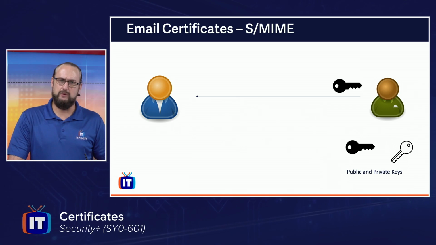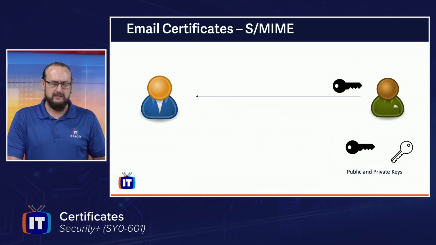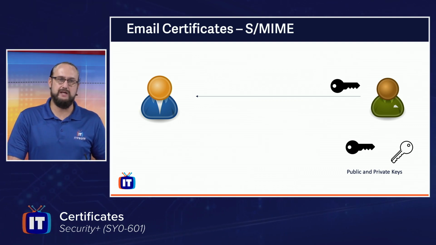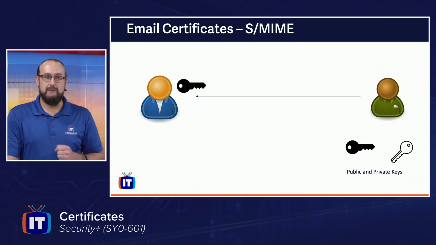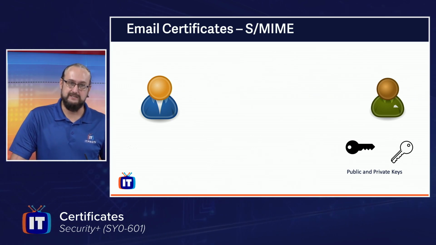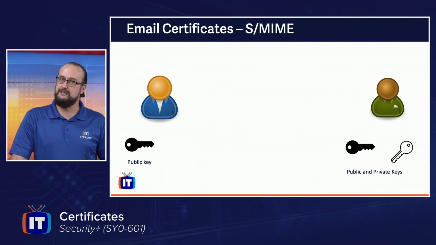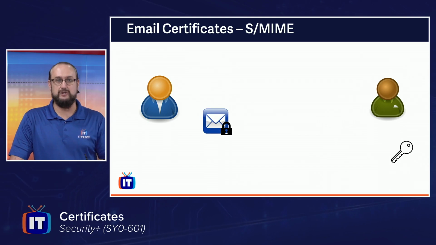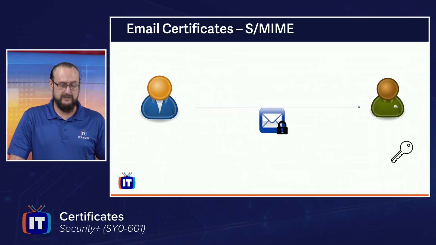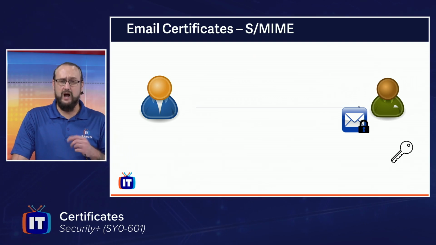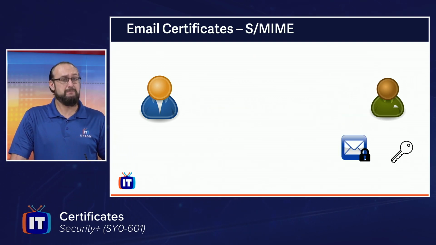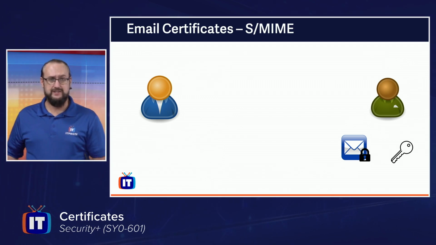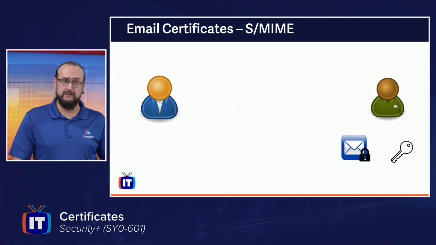We've talked about this before, and if this person on the left wants to send the gentleman on the right some kind of encrypted email communication, he's going to first reach out, grab his public key. Once he's got that public key, just like we've seen in asymmetric key encryption, he's going to encrypt the email message and send it back over to the person whose public key did the encryption. All right. Then that person is going to take their private key, the one that is only available to them, or at least should be, or the whole thing is flawed.